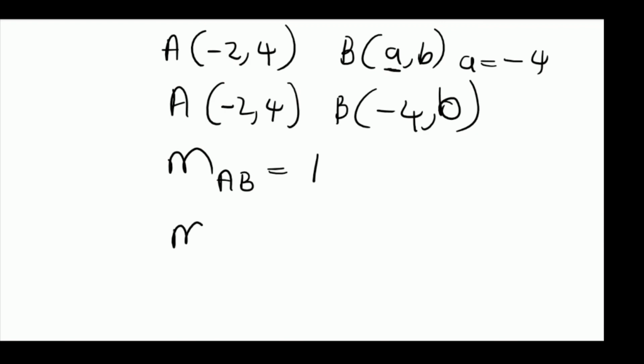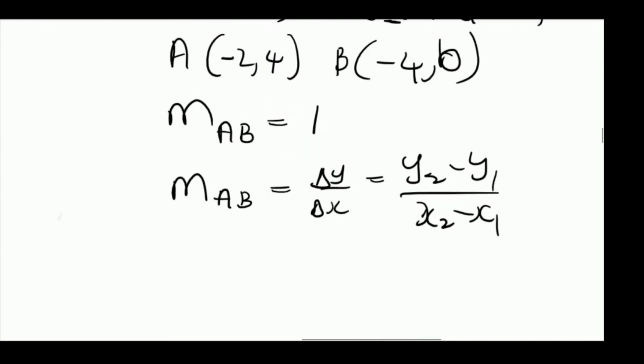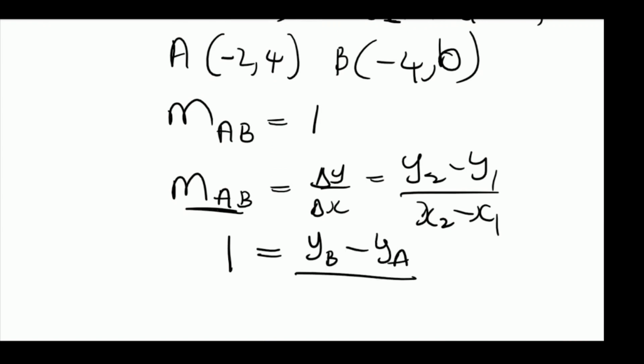So if we use the equation of a gradient, which is change in y over change in x, equals y2 minus y1 over x2 minus x1, and we know the gradient of ab is 1, so 1 equals y of b minus y of a over x of b minus x of a, right?